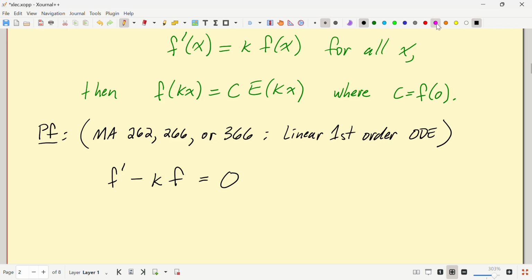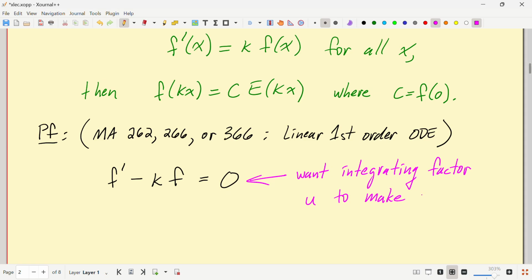And you remember, maybe, the big idea was to introduce an integrating factor, to make the left-hand side the derivative of something. So you multiply it by the integrating factor, and that'll make the left-hand side a derivative.